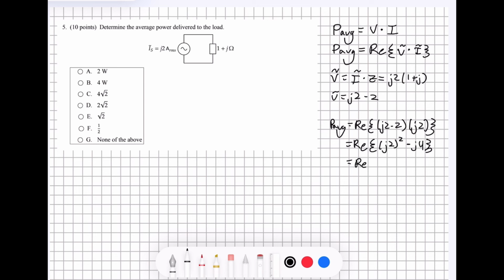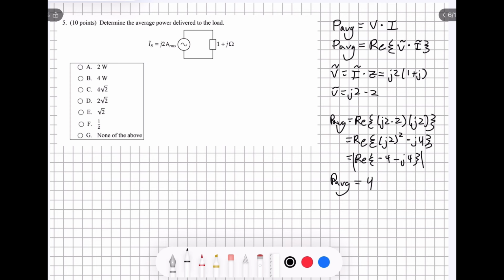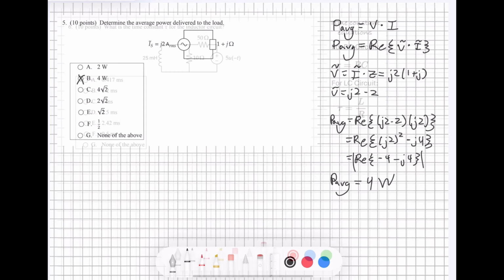And we know that this is equal to -4 minus J4. Now, if we only take the real part of that equation, we're also going to want to do an absolute value of this. If we only take the real part of that equation, we are going to neglect this J term over here, and we find that the value is going to be 4 watts. Looking back at our answer choices over here, this matches answer B.